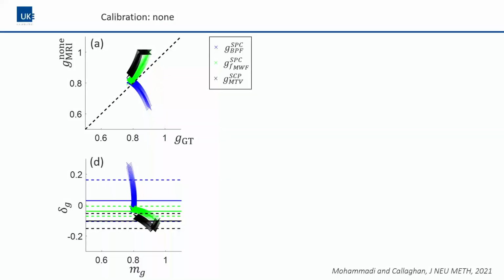So if this is a line of unity, we have in green the myelin water fraction based G ratio, which shows a reasonable relation, and we have the MTV, the 1 minus proton density approach, which has the ceiling effect, which comes because for very low myelin volume fractions, we got these negative values of AVF. And here is the Bland-Altman plot, and the dashed line shows the error, where the solid line shows the mean.